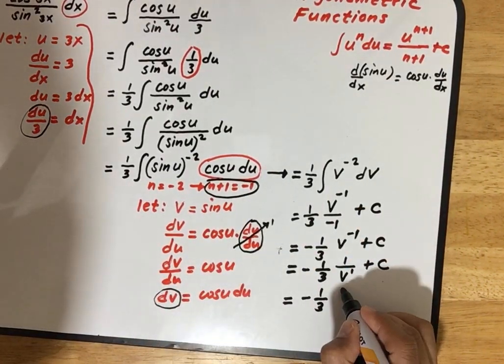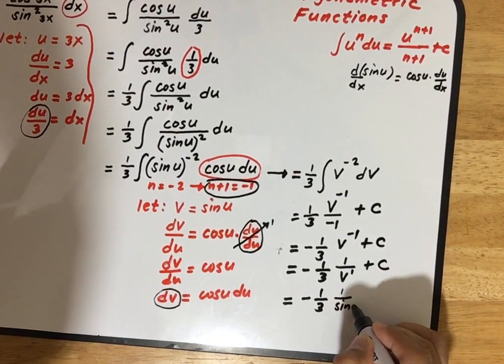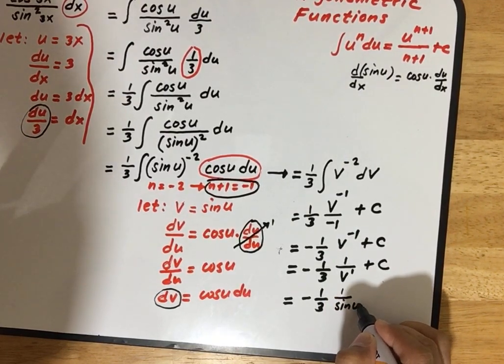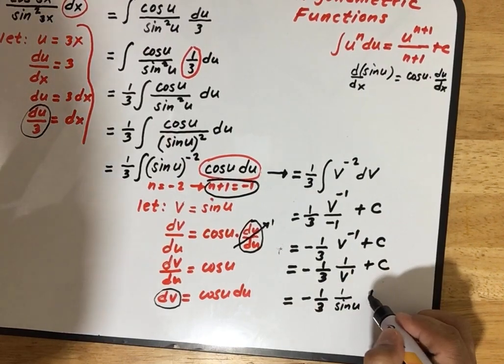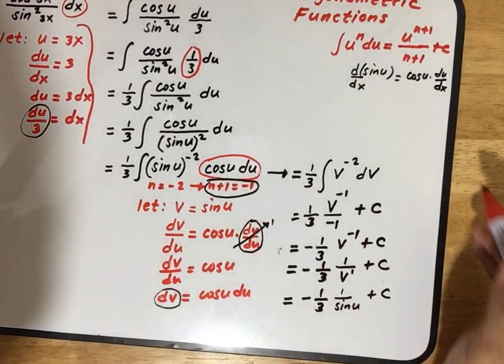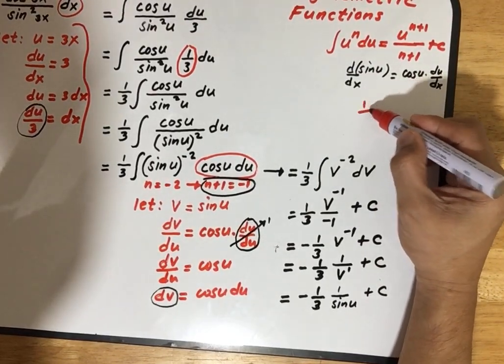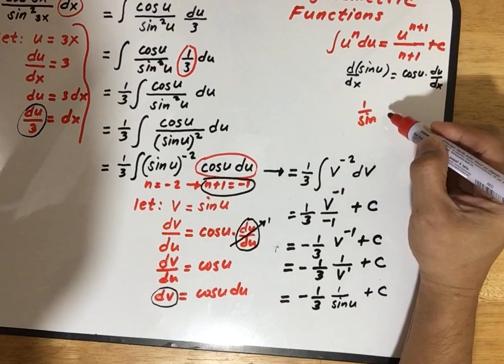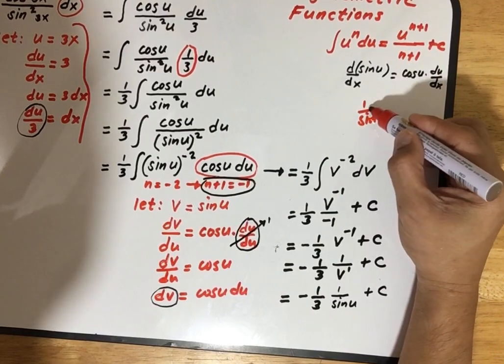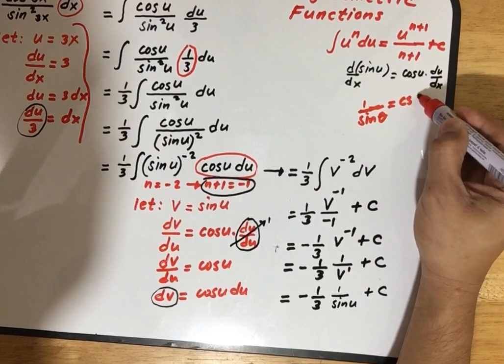So this is 1 over sine u, then plus c. From our trigonometry, 1 over sine theta is just cosecant theta.